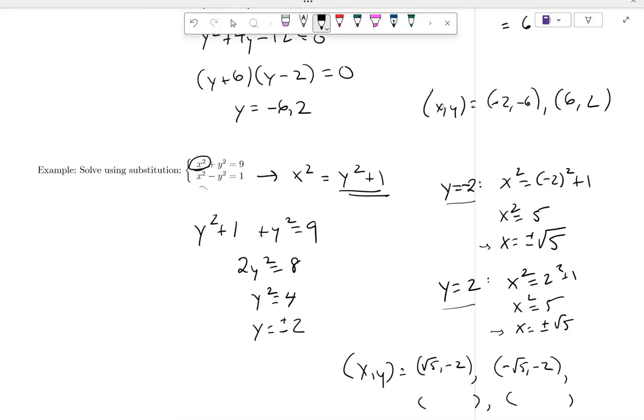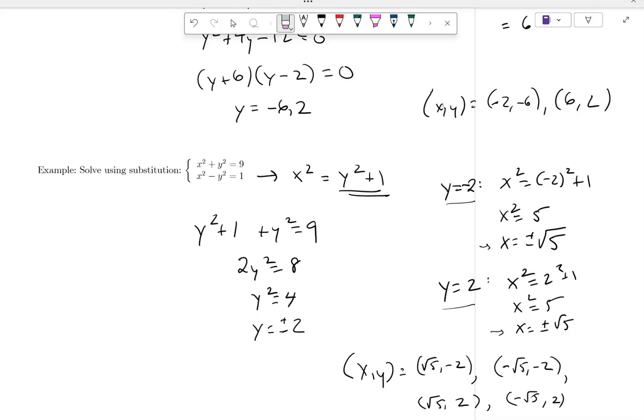And the other one is positive root 5, positive 2, and negative root 5, positive 2. So in this case, we get 4 solutions. Is that okay? Questions on that at all?